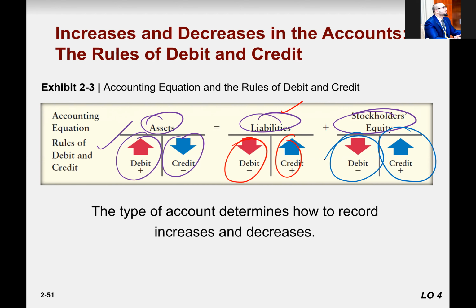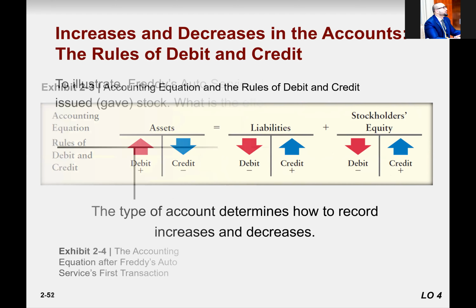And remember, debit is not equal to plus sign. You have seen that debit, here it shows plus and here it shows negative. So remember, these are the rules. So don't confuse yourself that debit means plus, credit means negative. No. If you remember the rule with the logical sense, you are good to go.